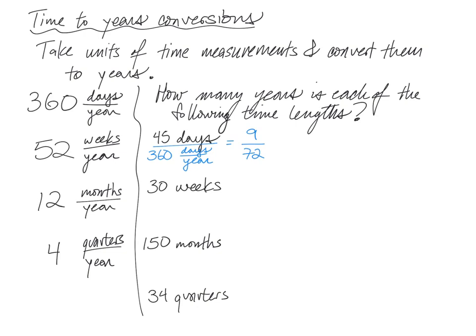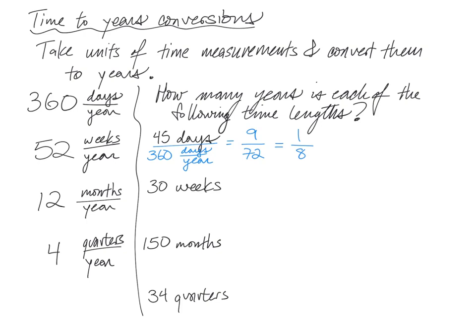So I look at 9 over 72. Yeah, I could divide both of these by 3, or if you can see it, you can divide them both by 9. So I'm going to divide them both by 9, and 9 divided by 9 in the top is 1, and 72 divided by 9 in the bottom is 8. So we get 1 over 8. 45 over 360 simplifies to 1 over 8.